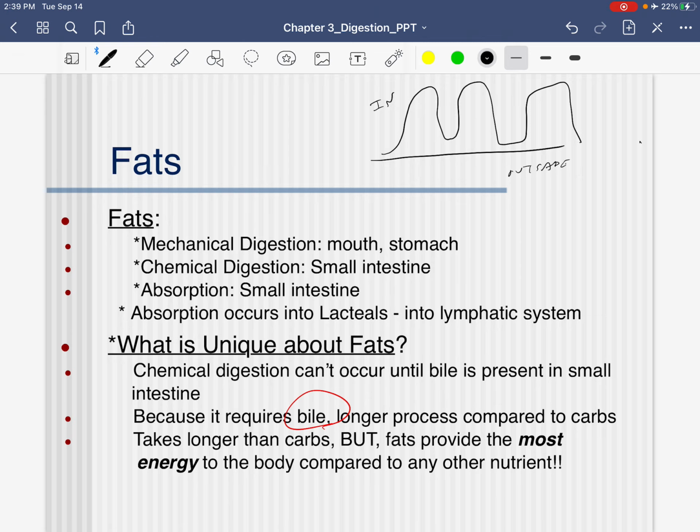So, once, let me put green, in each little villus of the blood, there's a vertical structure called a lacteal.